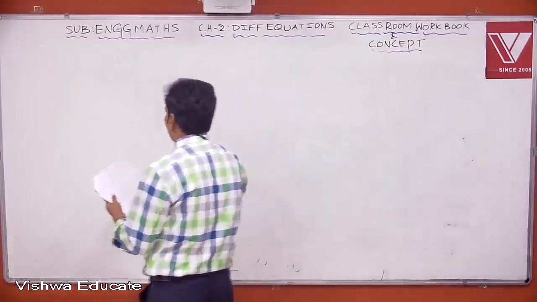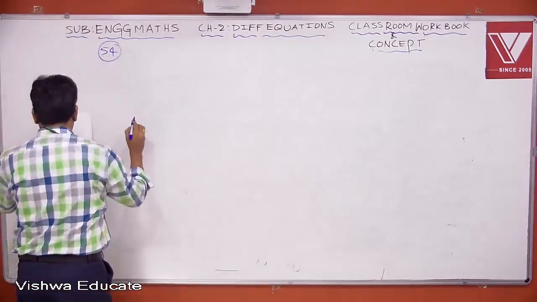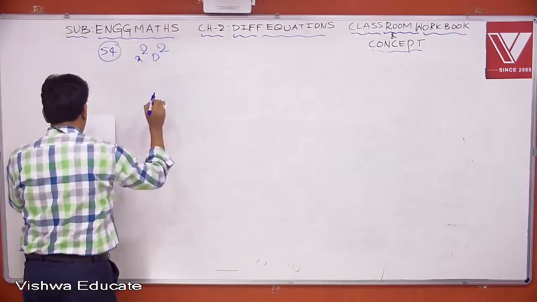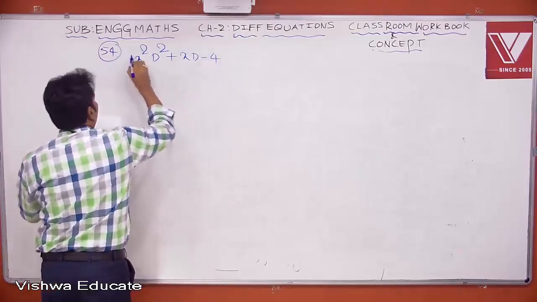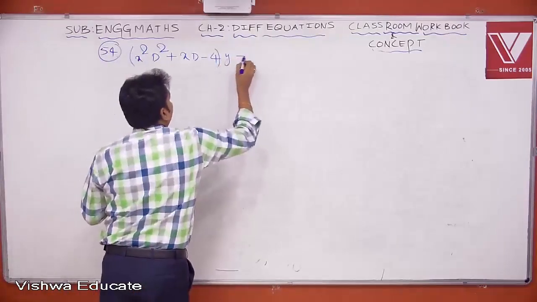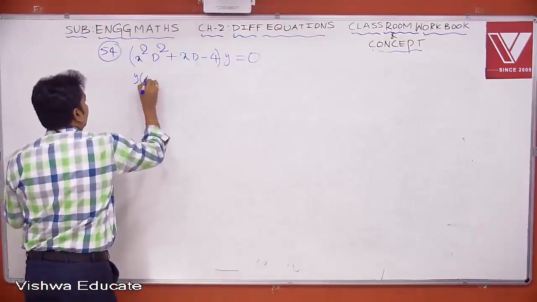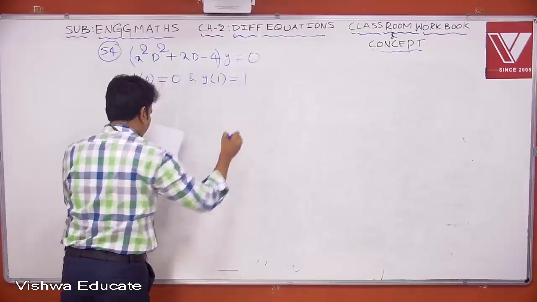Next, let us discuss question number 54. Consider the equation x square d square plus xd minus 4 of y equal to 0, with the boundary conditions y of 0 equal to 0 and y of 1 equal to 1.